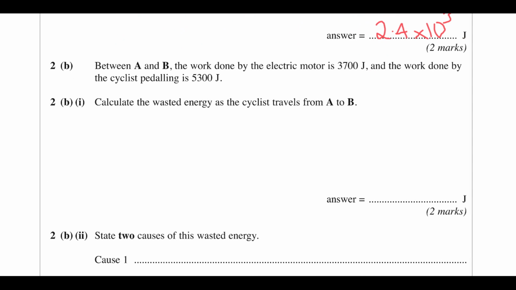Between A and B, the work done by the electric motor is 3,700, and the work done by the cyclist pedaling is 5,300. Calculate the wasted energy. Useful energy is going to be the increase in kinetic energy plus the increase in GP. Which we've got.